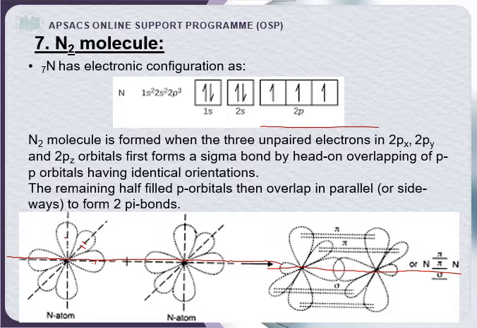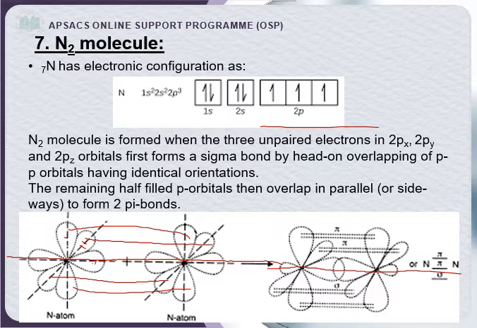There will be three bonds formed over there. One by the overlap of the px to px orbital, the other one by the py to py orbital overlap, and the third one will be the overlap of the pz to pz orbital, right?